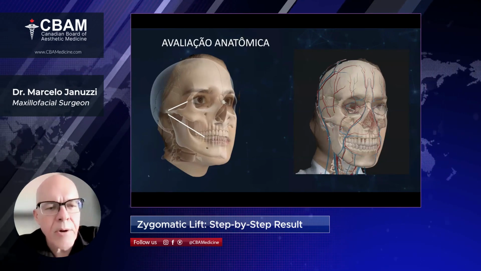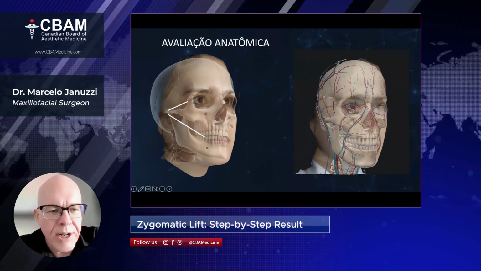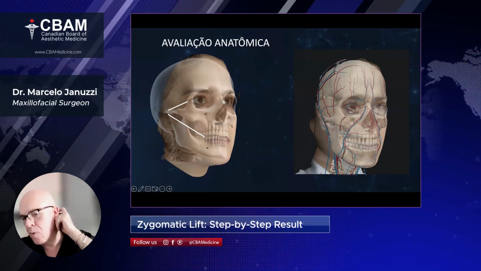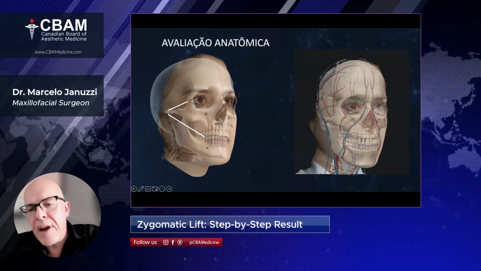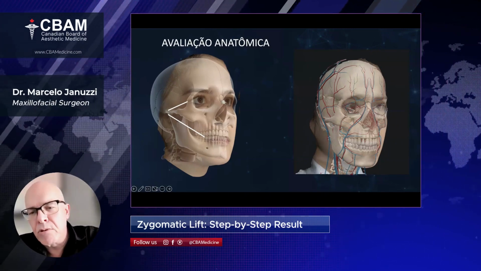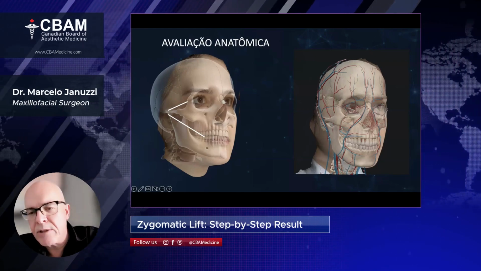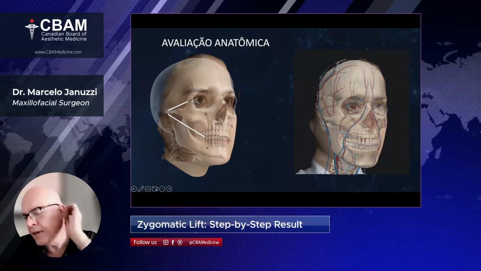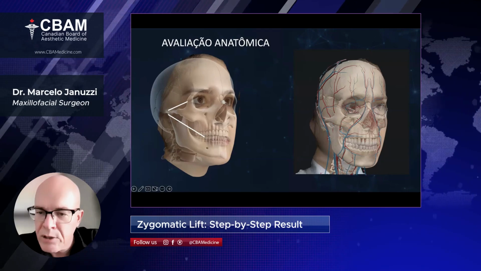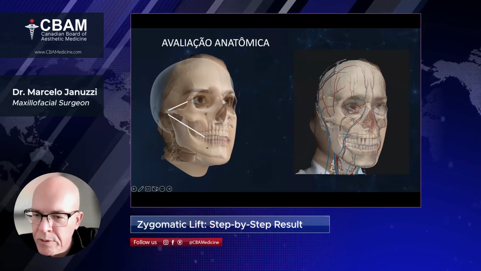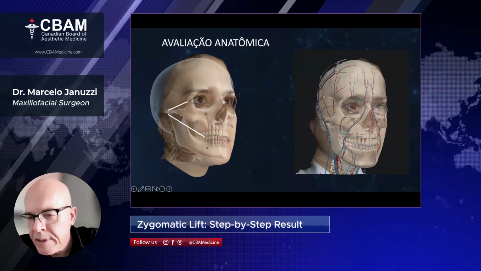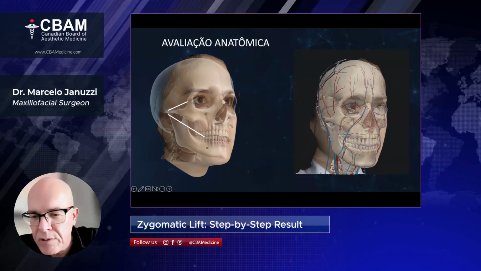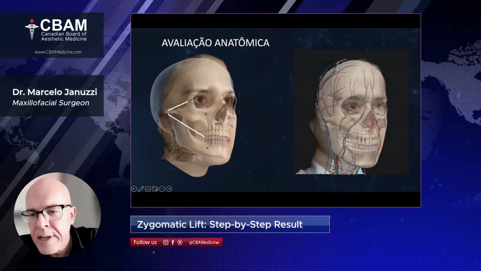So the main concern of the patient is to reestablish this volume in the lateral and the medial part of the cheek. Here we need to remember the medial third is almost zygomatic and maxilla bone. It's a very, very safe area. We need to remember the facial artery here that transforms in this area to angular artery and vein. The facial artery here is a little bit more superficial than in other areas.